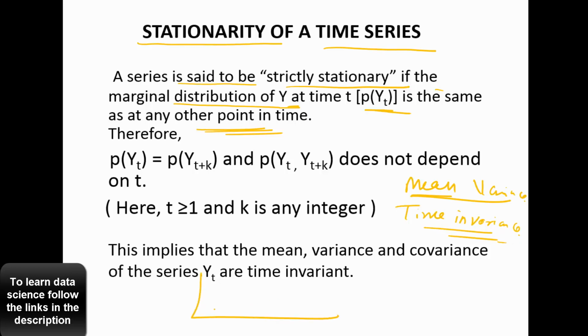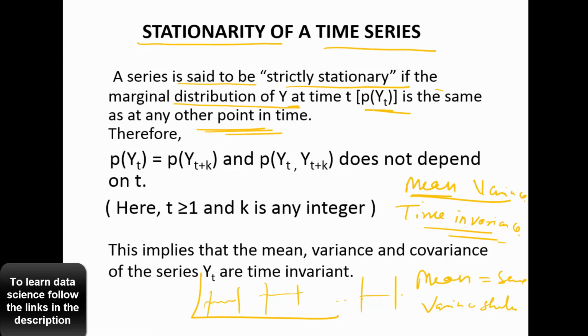So if you take a series and you take the mean in this period, and then you take the mean in the next period, and in another period with the same interval, the mean should be the same, and also the variance should be the same. Although in reality, many times it's not the case.